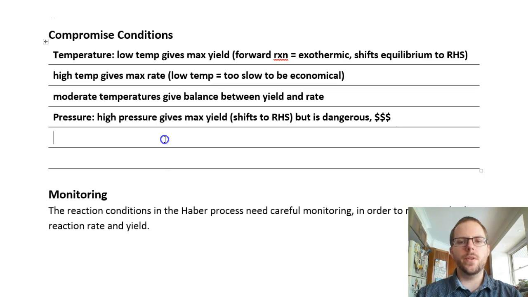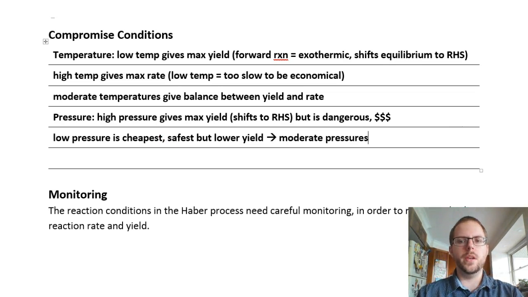Low pressure is cheapest and safest, but leads to lower yield. So just like with temperature, we use moderate pressures. If we use a pressure that is higher than atmospheric pressure, we can get a better yield, but at a level that we can maintain a bit more practically.